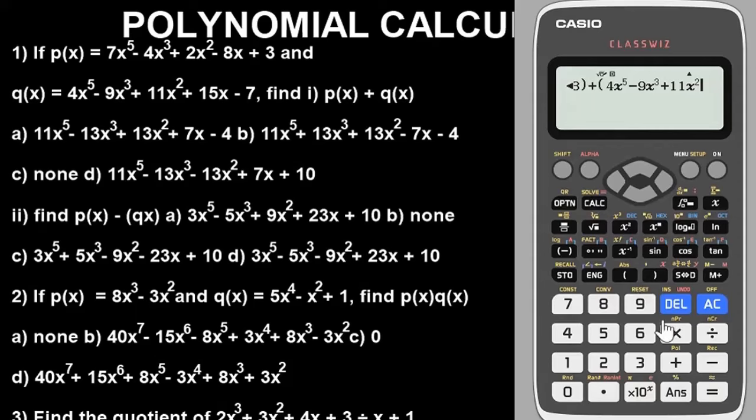What do we have there? We have 15x, alpha x, minus 7, close the bracket, that's it. Let's check if we didn't put anything wrong before we press equal to.